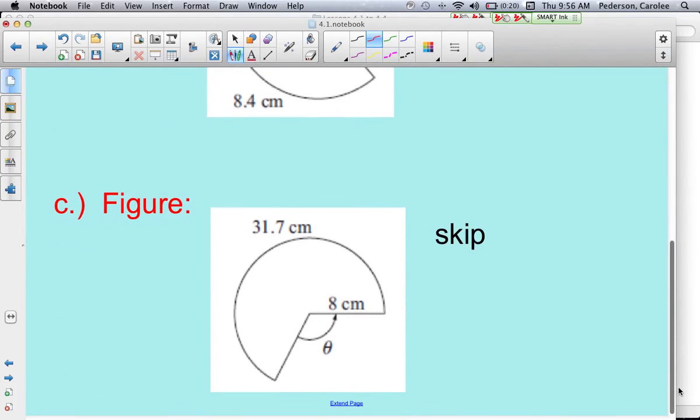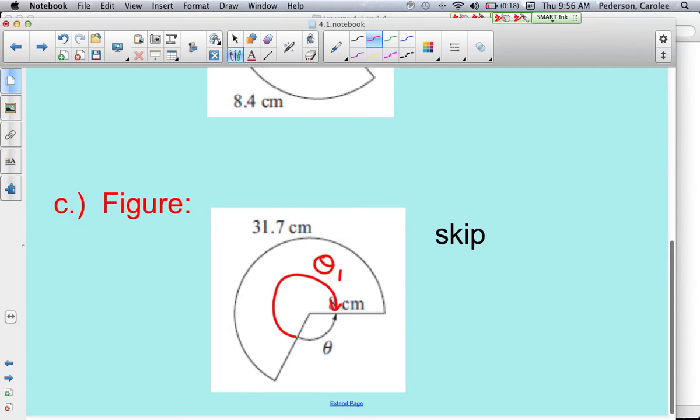This one I'm going to skip, but I just want to talk about the difference with this example, that you don't need to write down, is you have to do 2 steps. What would you have to do first? It's asking you for that piece of this angle measure. So you'd have to first maybe find this first, right?